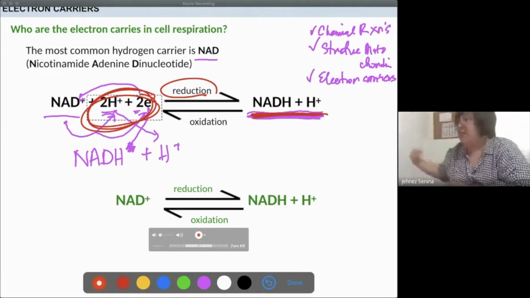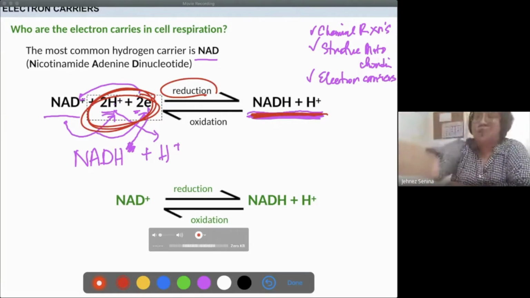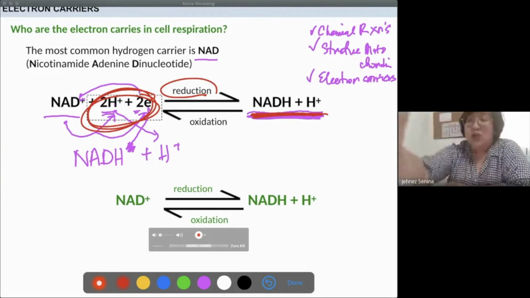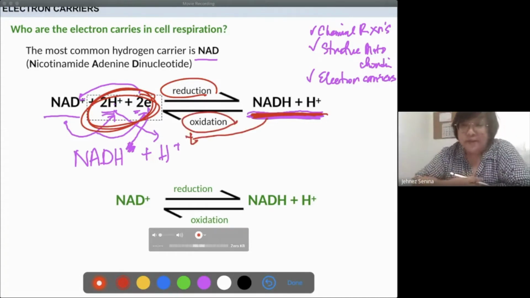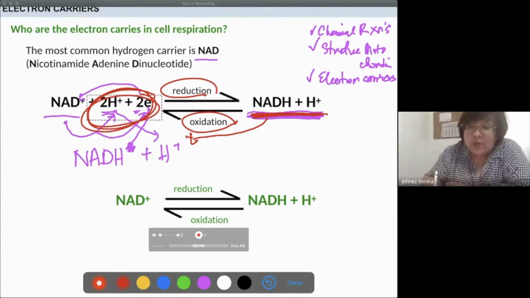At the end of cellular respiration, this NADH plus H plus is going to lose the protons and electrons that it picked up. The reverse process is oxidation. So when NADH plus H plus is oxidized, it releases protons and electrons. Get it?